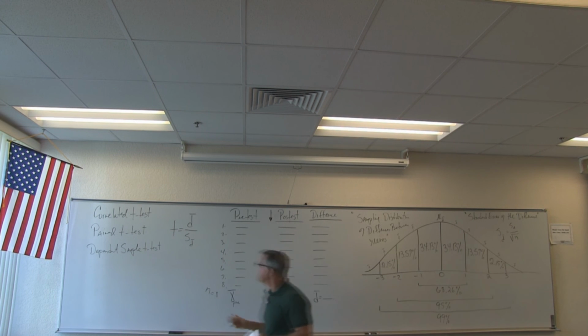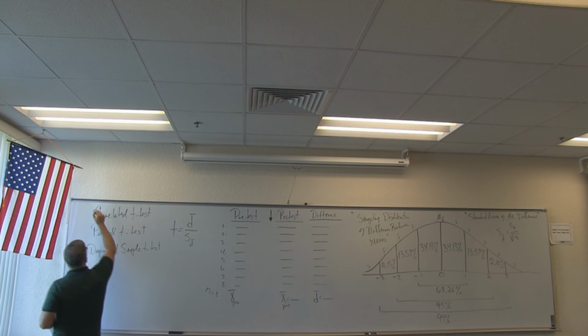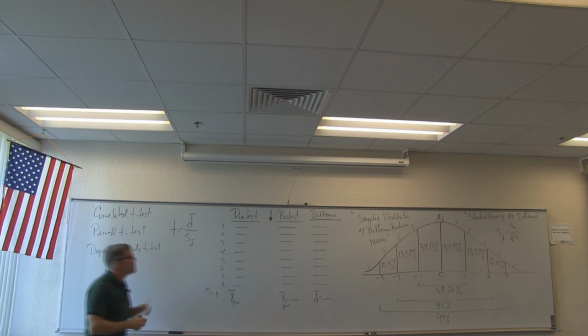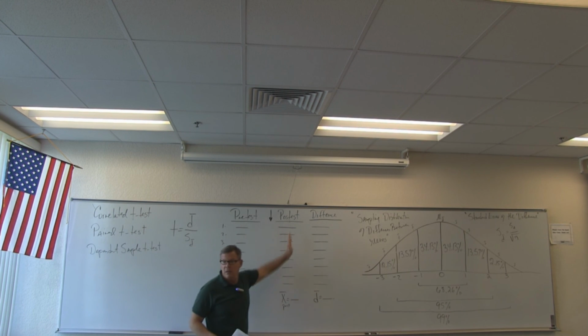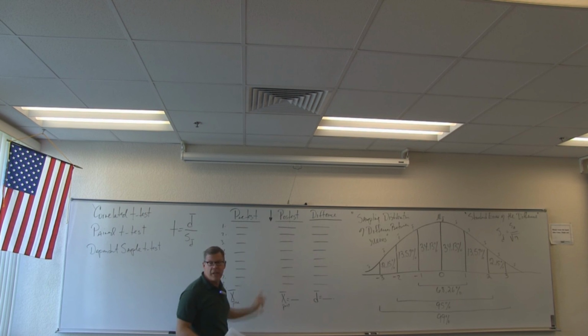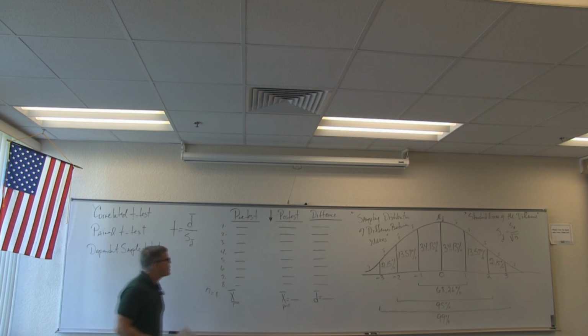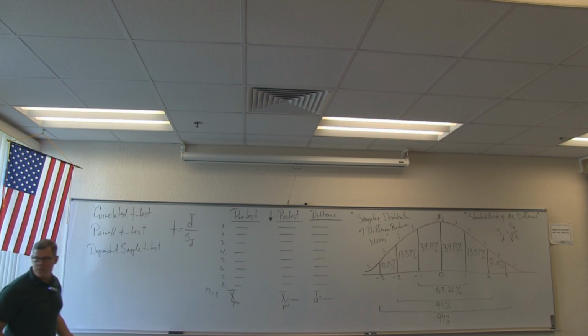It's called the correlated t-test because the pretest and the posttest are correlated. You could consider this x and you could consider this y, so we have a relationship going on here. The pretest and the posttest are related because they're the same subjects.